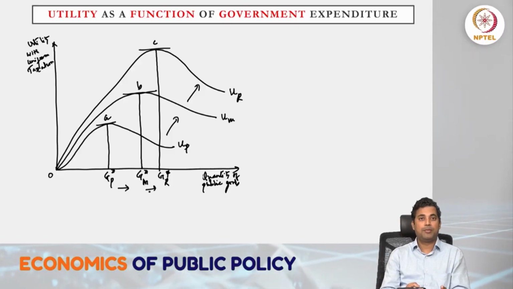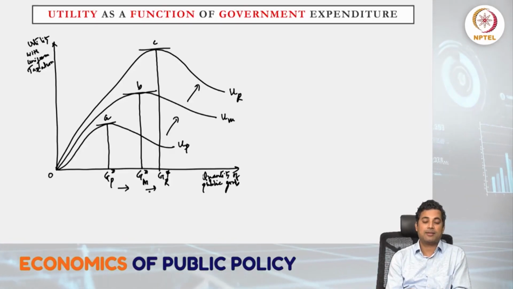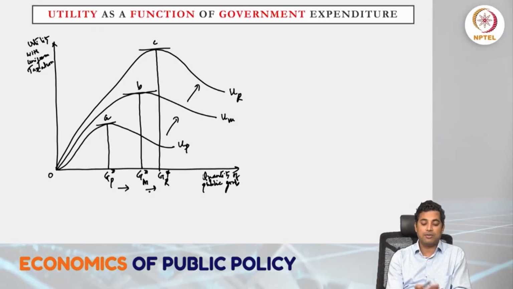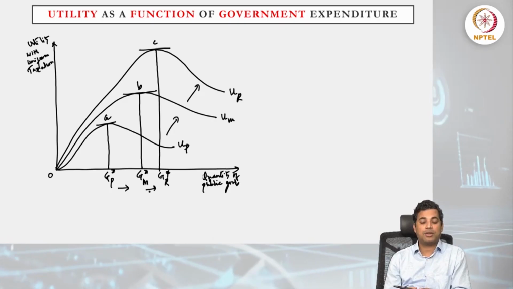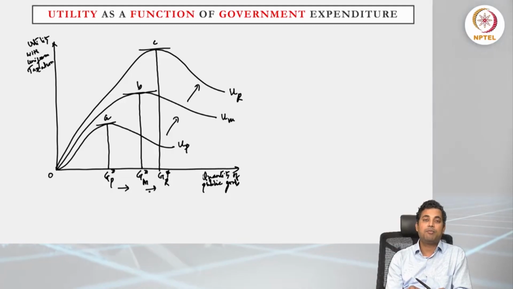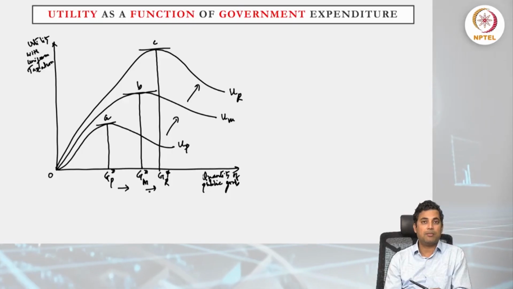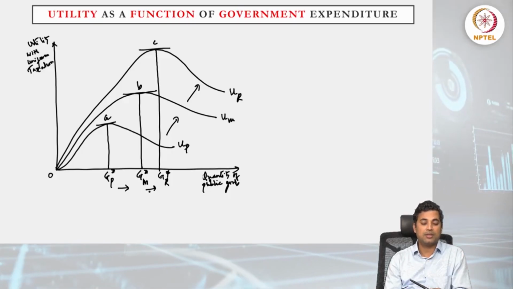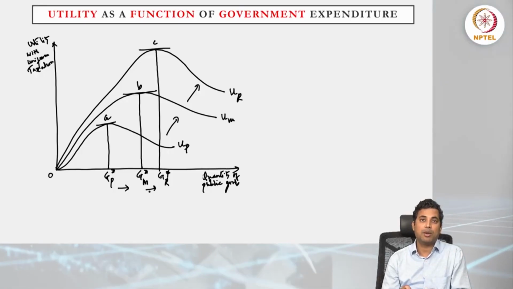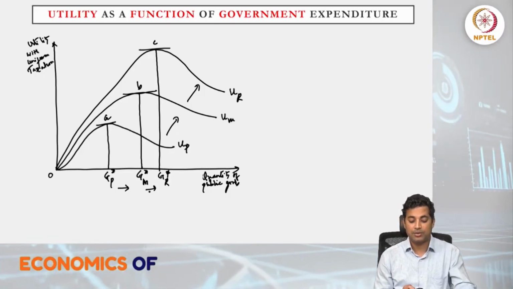Because we have only considered the uniform taxation case where the utility is reflected, in this case the rich person's consumption of public goods will be higher than the middle income person's, and the middle income person's consumption of public goods will be higher than the poor person's.